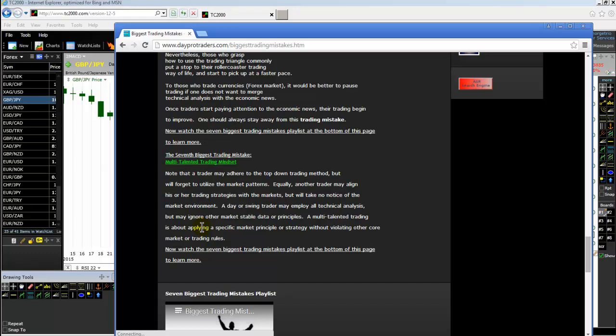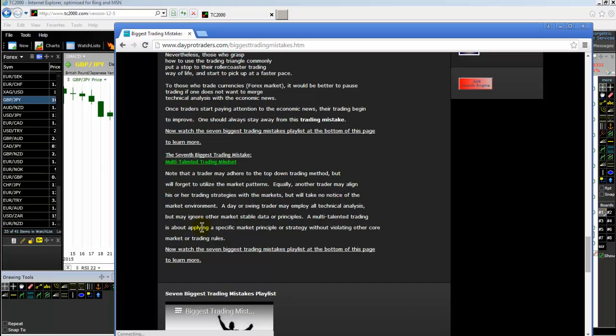So one is applying one method, one is adhering to one market principle, but at the same time, one is violating another market principle. So the mindset that we want to develop is a multi-talented trading method, a mindset.